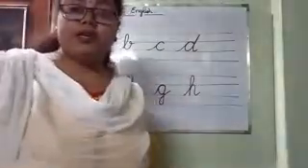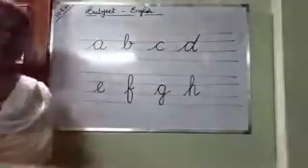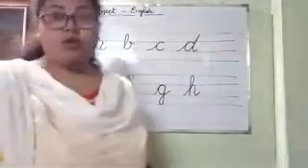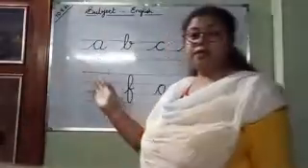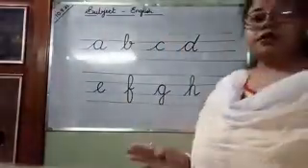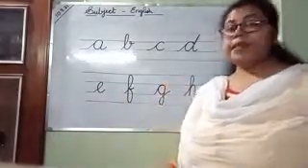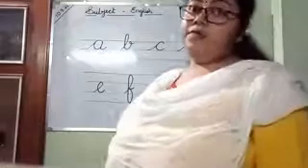Now listen to me. How you have to practice. Maybe I can give you to write from A to H in cursive small letter. Okay? And maybe I give you fill in the blanks.